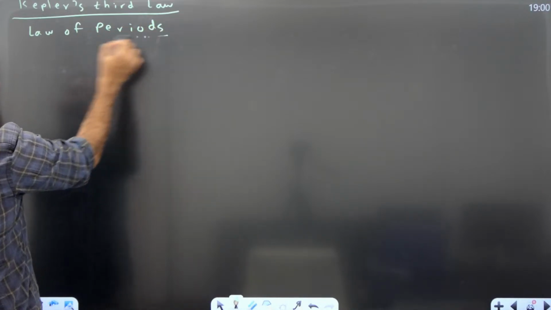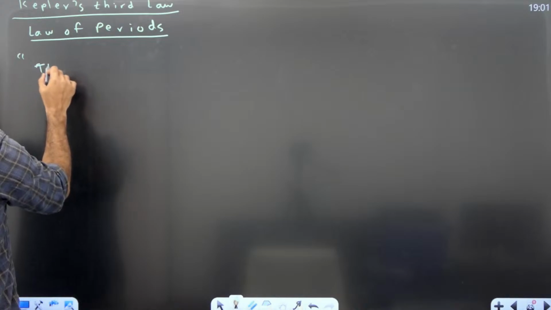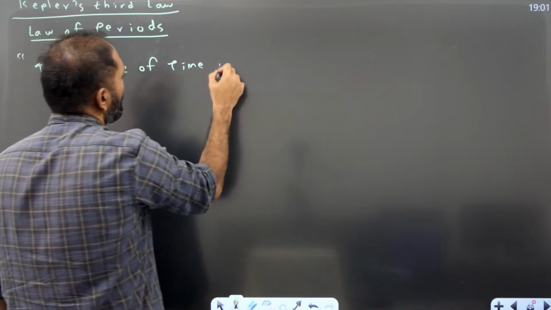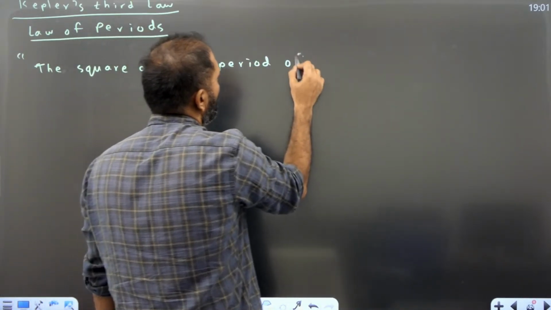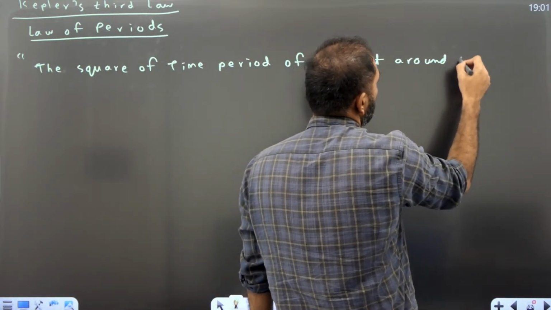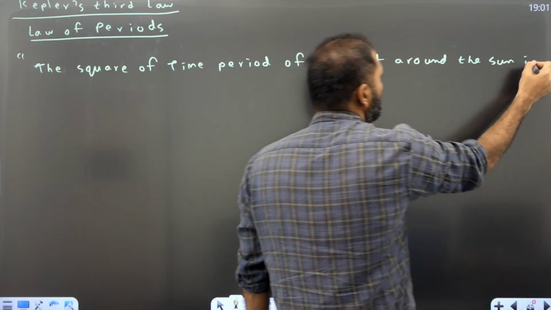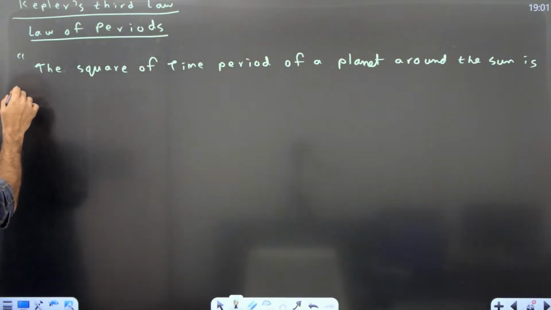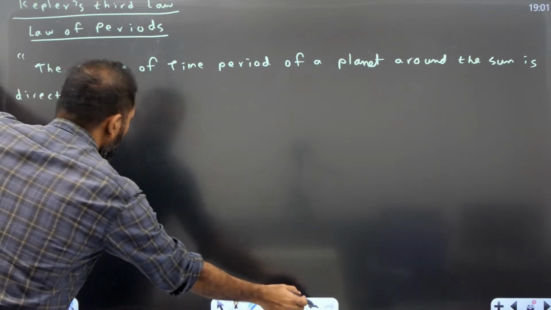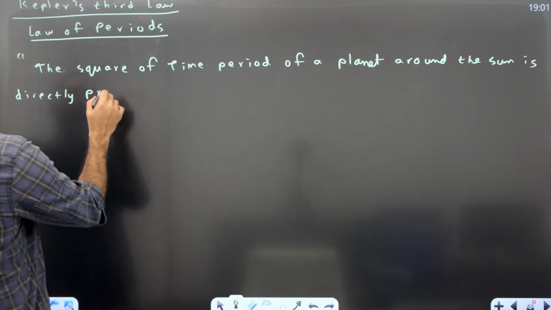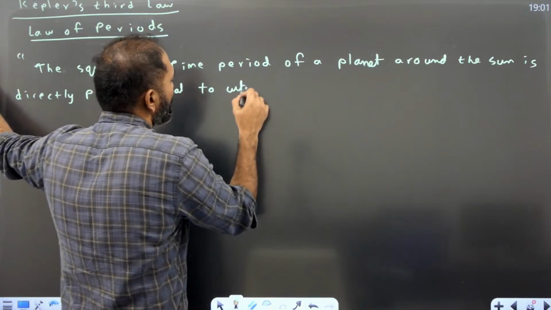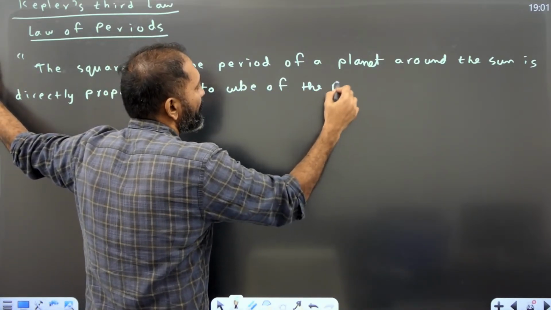It states that the square of time period of a planet around the sun is directly proportional to cube of the radius.